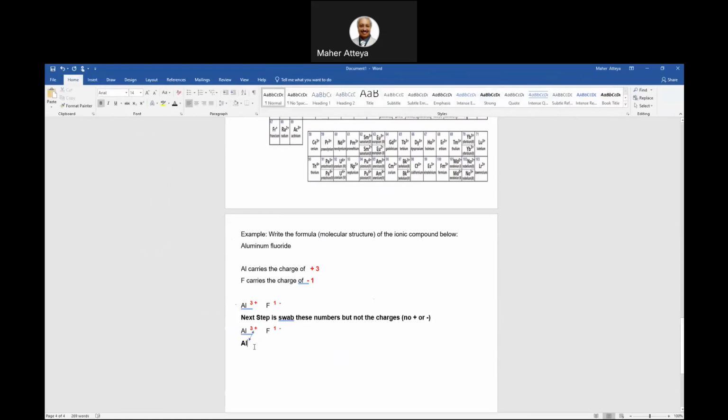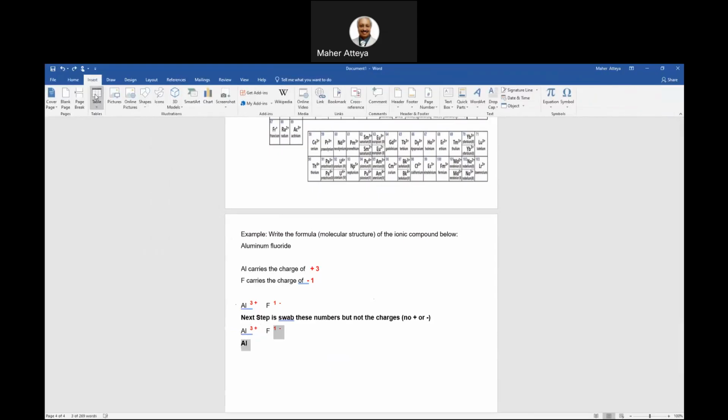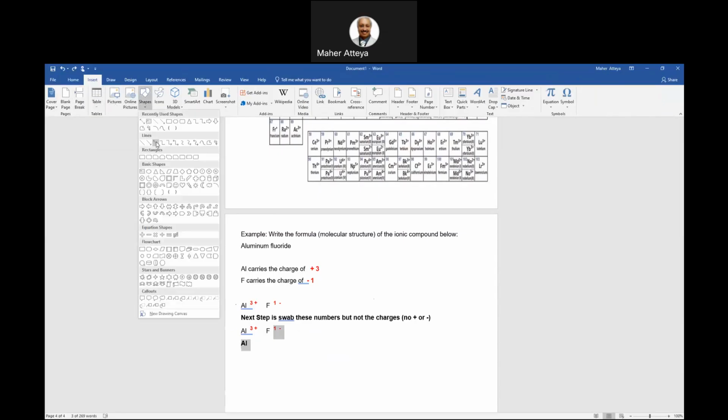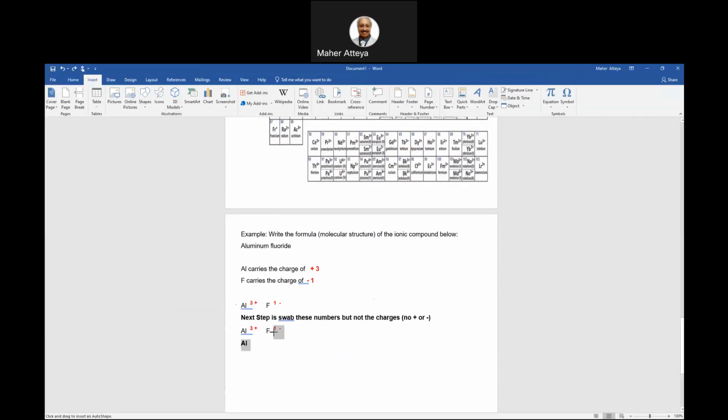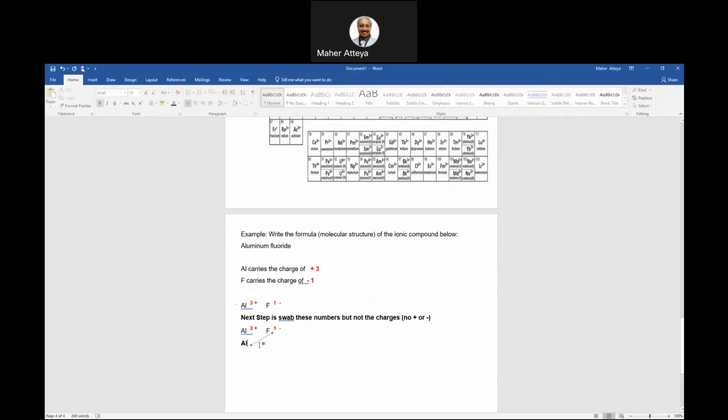Take this one here. Insert. So I'm taking this one with the aluminum, and then I say fluorine here.